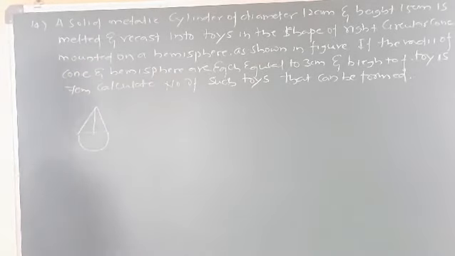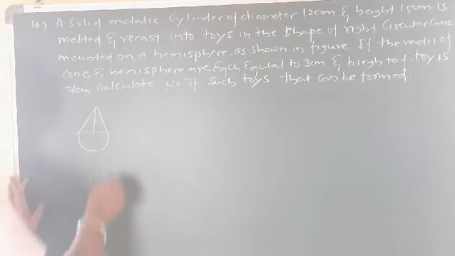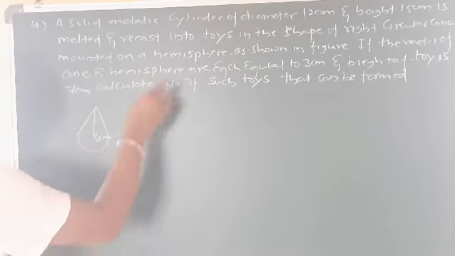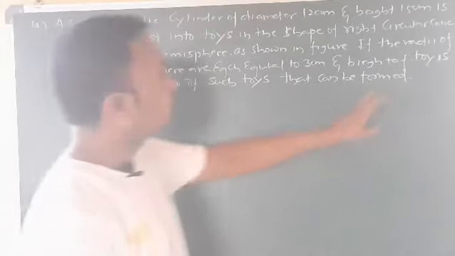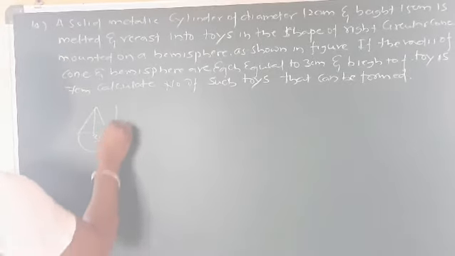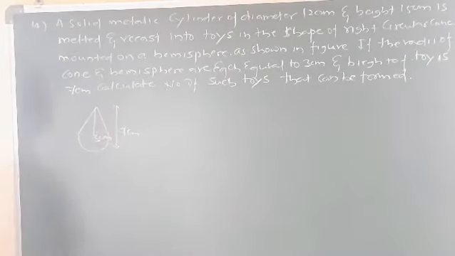If the radii of the cone and hemisphere are 3 centimeter each, the total height of the toy is 7 centimeter. Calculate the number of toys that can be formed.